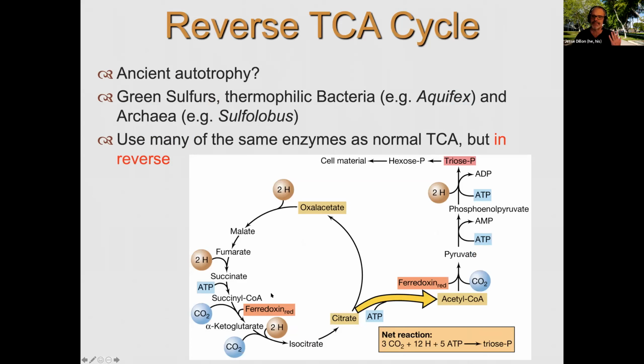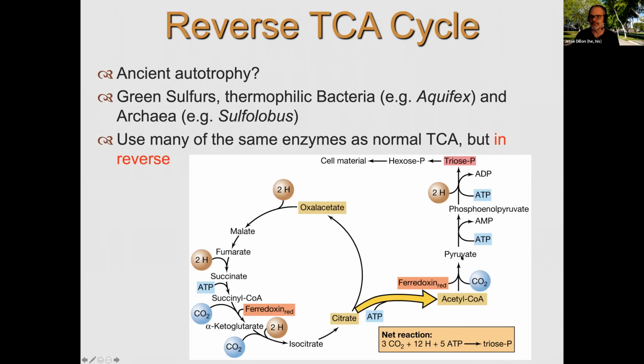But because we're running it backwards, we're going to be using citrate as an intermediate to then create acetyl-CoA, which, if you remember your metabolism, particularly if you're a micro major and you're taking bacterial physiology, is that real central intermediate in terms of generating carbon that can then go into different pathways.